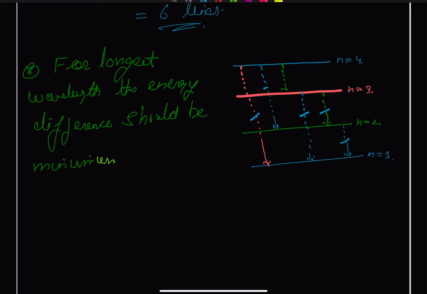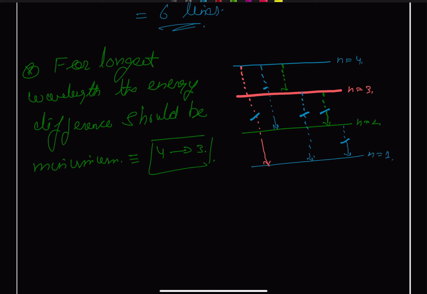And this is also true from the energy wavelength equation, because energy is inversely proportional to wavelength. And this is for when there is a transition from 4 to 3. Under this condition, however, it will be minimum.